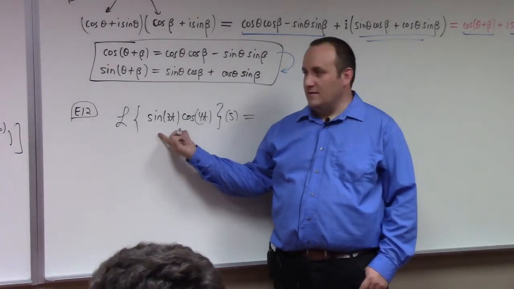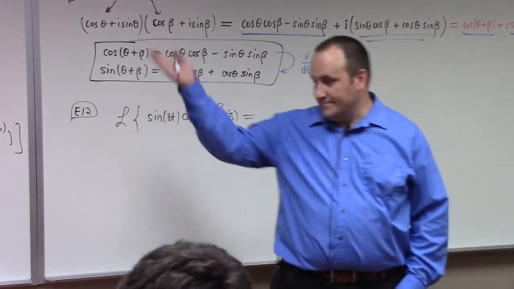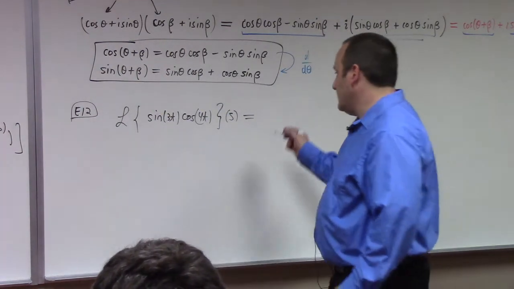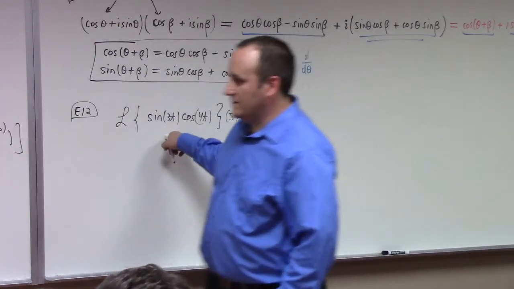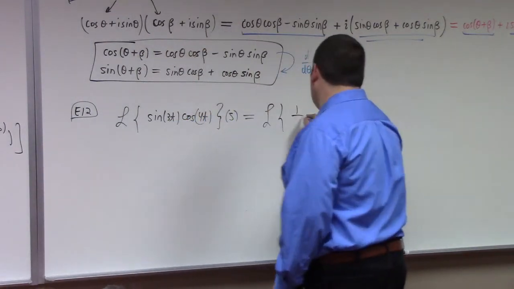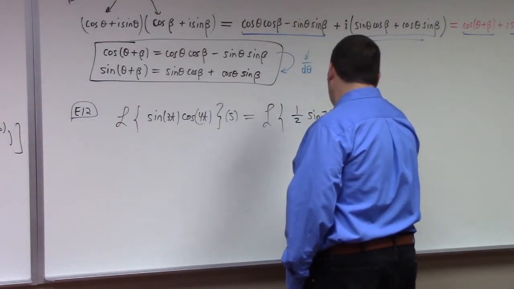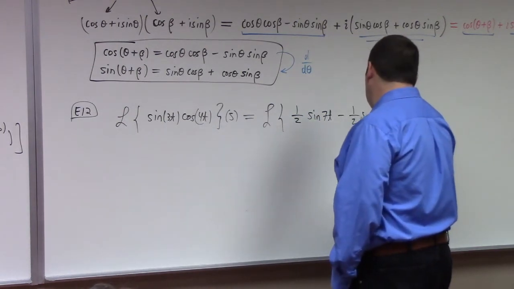But here, the trouble is, we don't know the Laplace transform of sine times cosine, do we? No, we do not. But if we use trigonometry, we can convert this to what I worked out over here. It's actually 1/2 sine 7t minus 1/2 sine t.